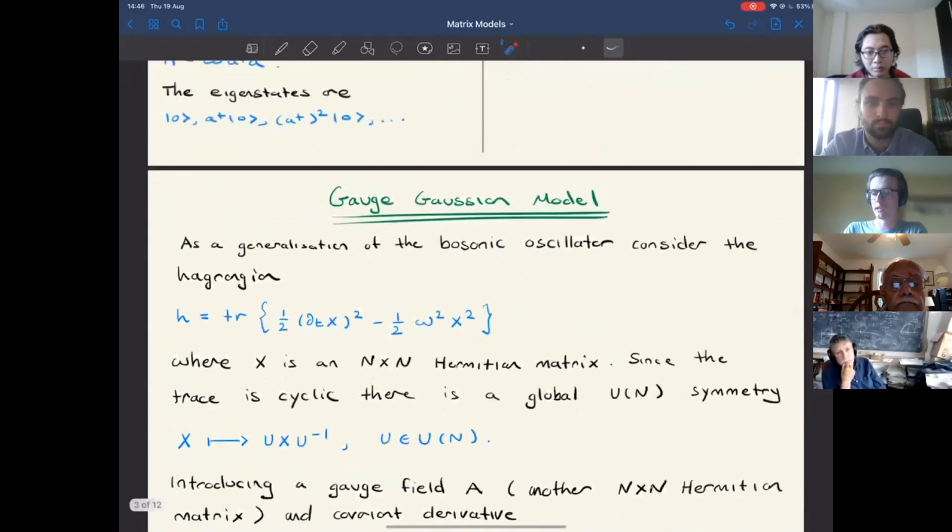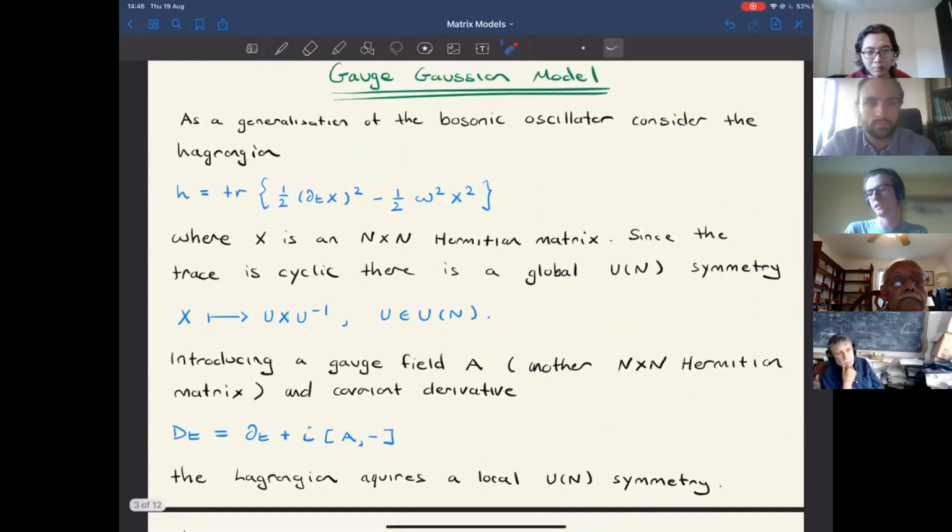Okay, so now onto the gauge Gaussian model, which can just be seen as a generalization of the bosonic oscillator. So instead of just the real variable x, we consider x to be an n by n Hermitian matrix, and then we take the trace. Okay, so it's reasonably easy to see that there's a global UN symmetry. So if we take x in this Lagrangian here and send it to u x u inverse, then this Lagrangian remains unchanged, right?